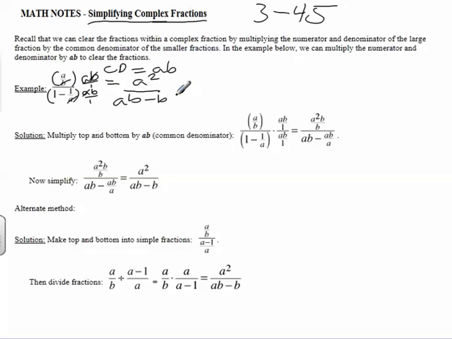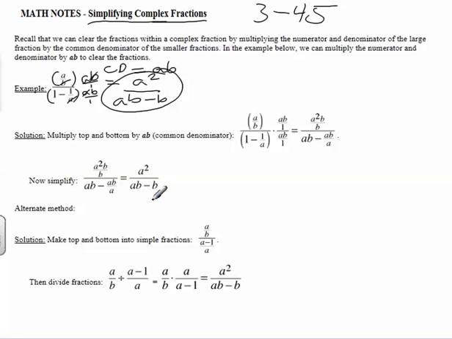So then I can simplify. Well, that's pretty much it. That's the simplified version. Okay, so we're all set.